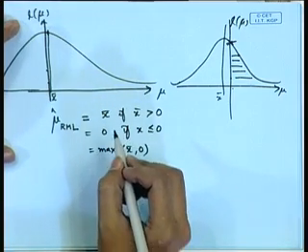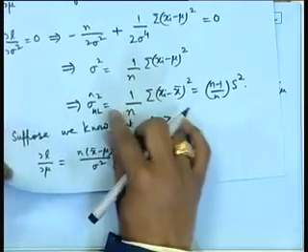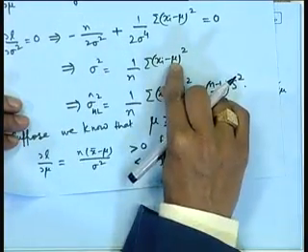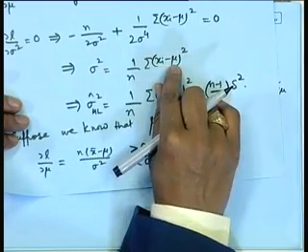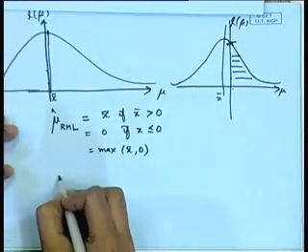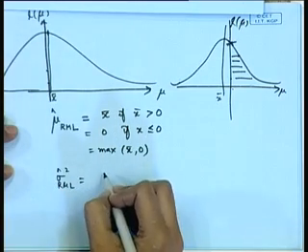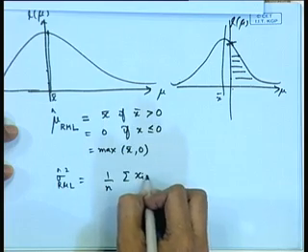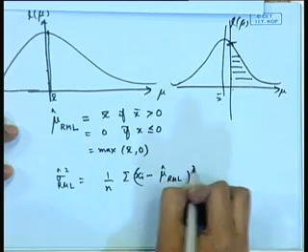Now, is there any effect on the estimator for sigma square? The answer is yes, because the maximum likelihood estimator for sigma square was obtained by substituting the estimator for mu in this second likelihood equation. So, we will get sigma hat square RML as 1 by n sigma x i minus mu hat RML square.